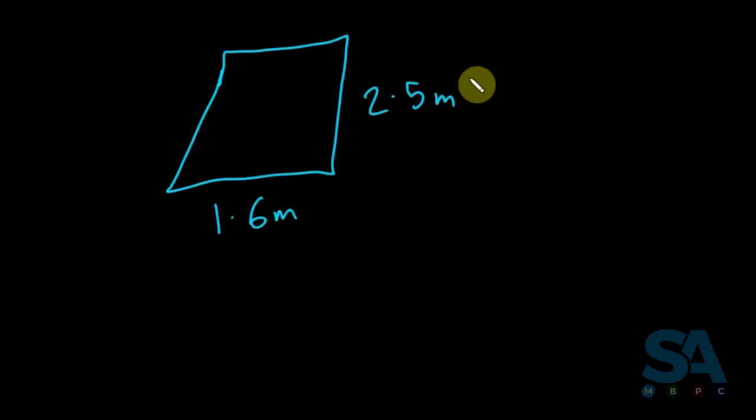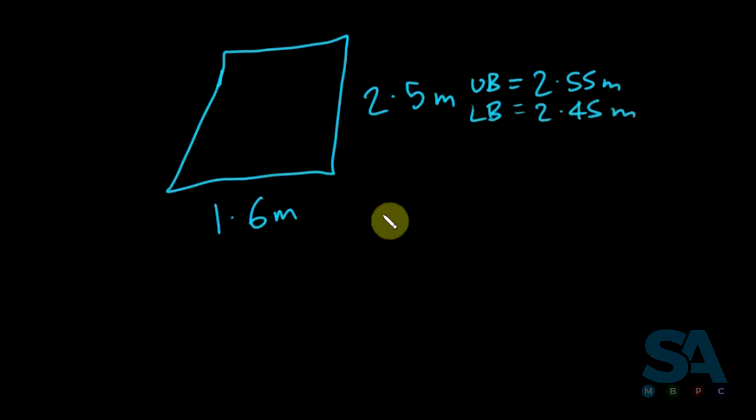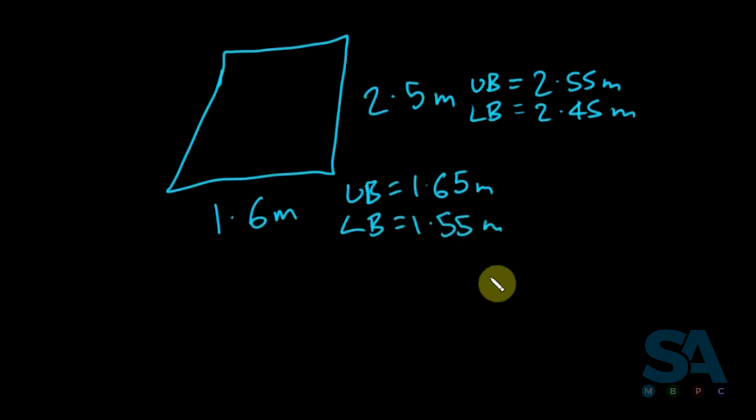So for the 2.5 meters, the upper bound would be 2.55 meters and the lower bound would be 2.45 meters. For the width, the upper bound would be 1.65 meters and the lower bound would be 1.55 meters.